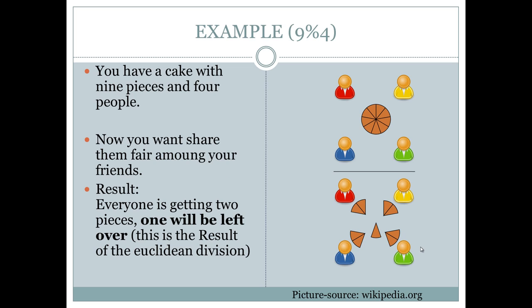If you have a cake with 9 pieces and 4 people, and you want to share this cake among those 4 people and know how many pieces will be left over, you can use Euclidean division. The result is everyone gets 2 pieces and 1 will be left over. This would be the result of our Euclidean division.